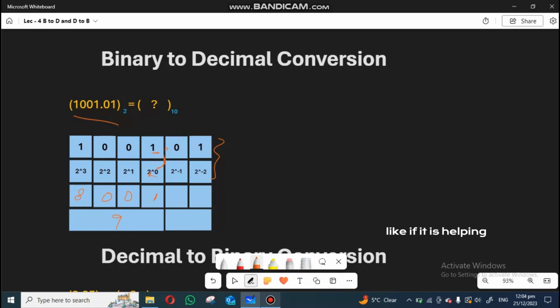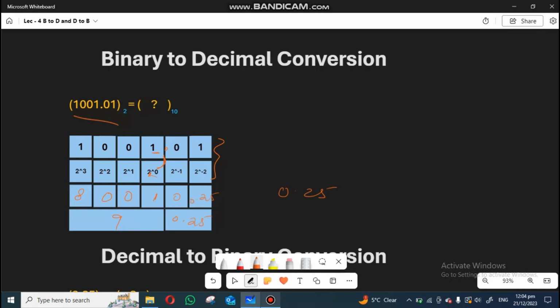Now going towards the right side of the fractional point, we will find 2 power minus 1, which is 0.5, but when I multiply 0.5 with 0, it's going to be 0. Now what is 2 power minus 2? It's going to be 0.25. So if I add these things up, I'm going to get 0.25 here.